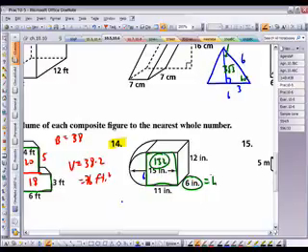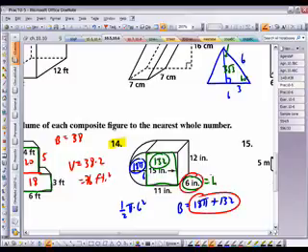So it's half of a circle, so half times pi times 6 squared, which is equal to 18 pi. So for a base, that's going to be 18 pi plus 132. And to get the overall volume, we take the base, multiply it by the height, and that's going to be in inches cubed.